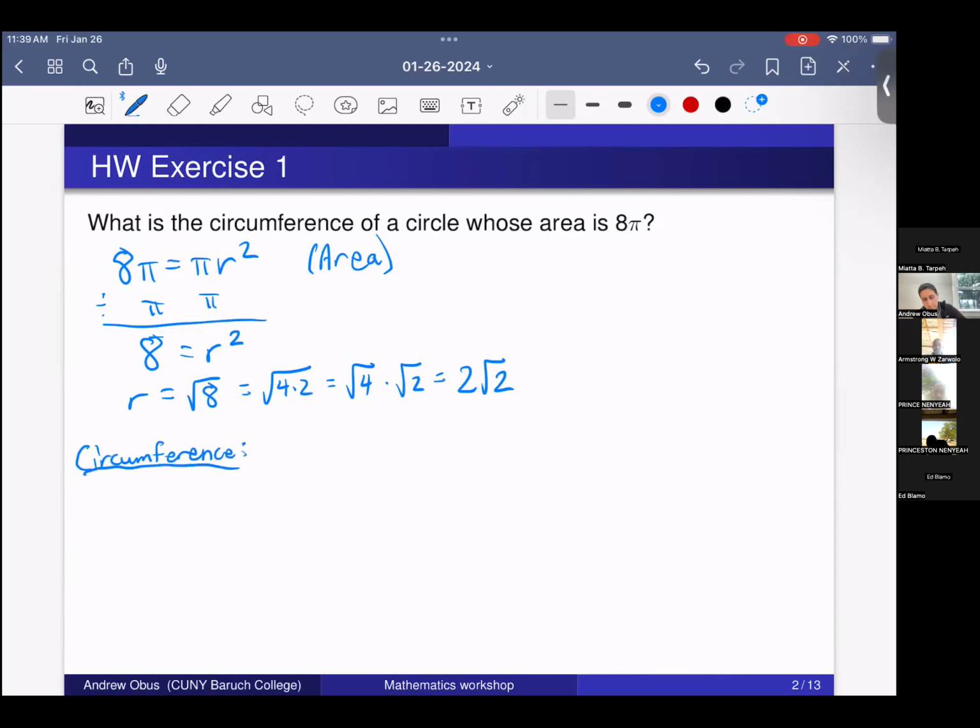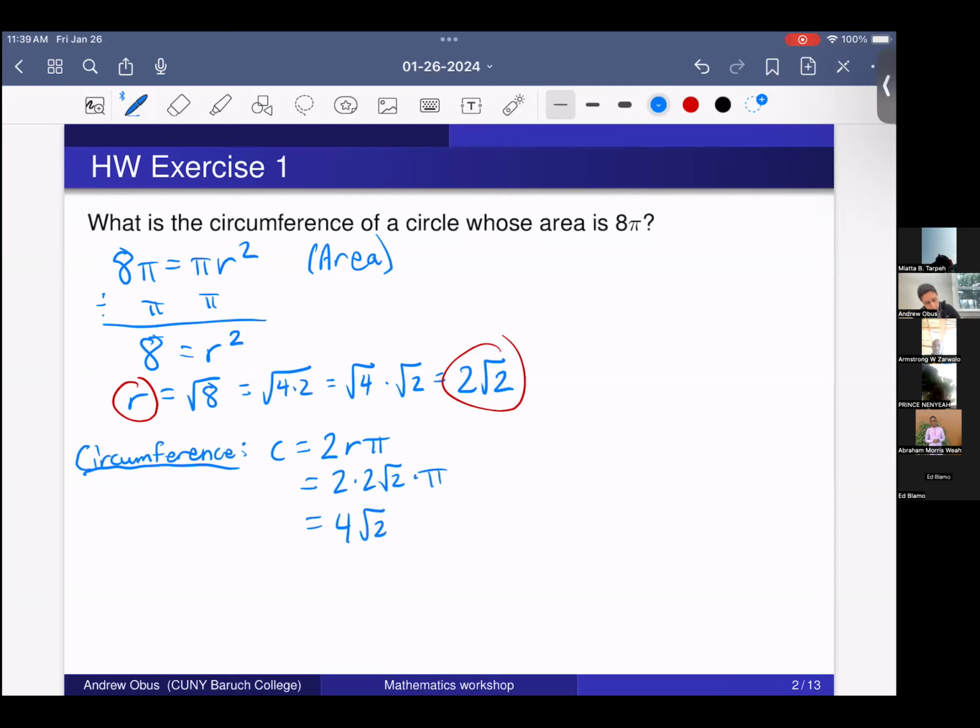What's that going to equal? The circumference is equal to 2 r pi. Exactly. So circumference is equal to 2 times 2 root 2 times pi. Perfect. That is 4 root 2 times pi, and that's the correct answer.